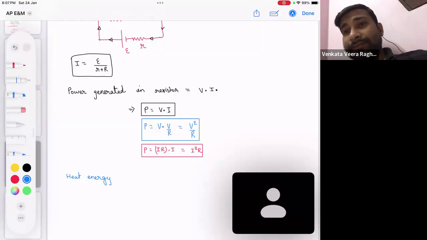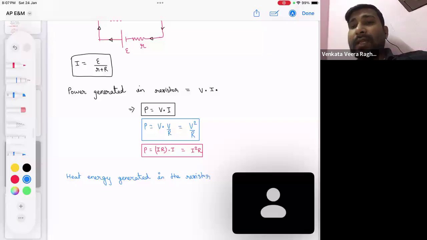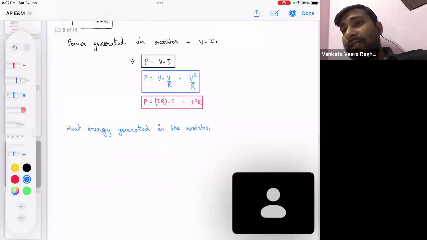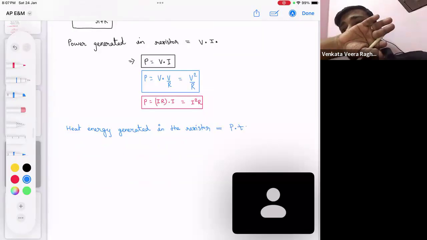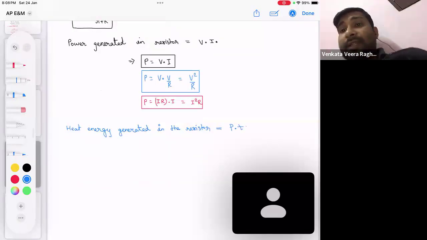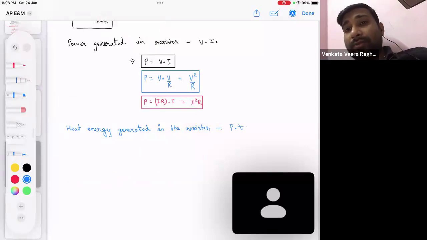The heat energy generated in the resistor is power into time.